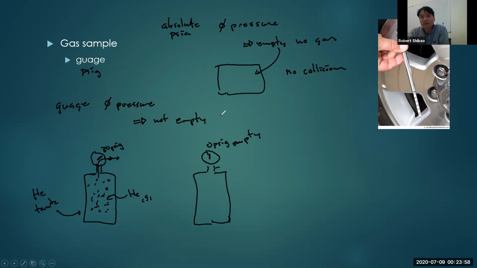We say it's empty, but is it really empty? It turns out it's not empty. There's still a little bit of helium left in here, like that. There's some residual helium left in there because what we need is we need a pressure difference here.